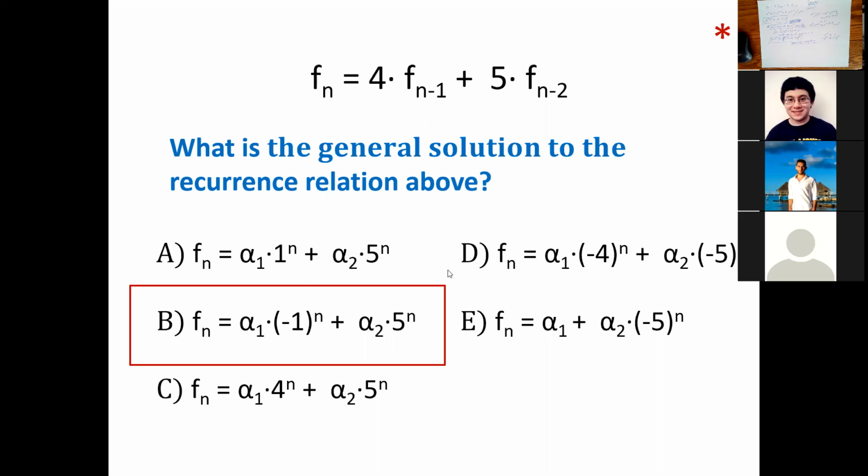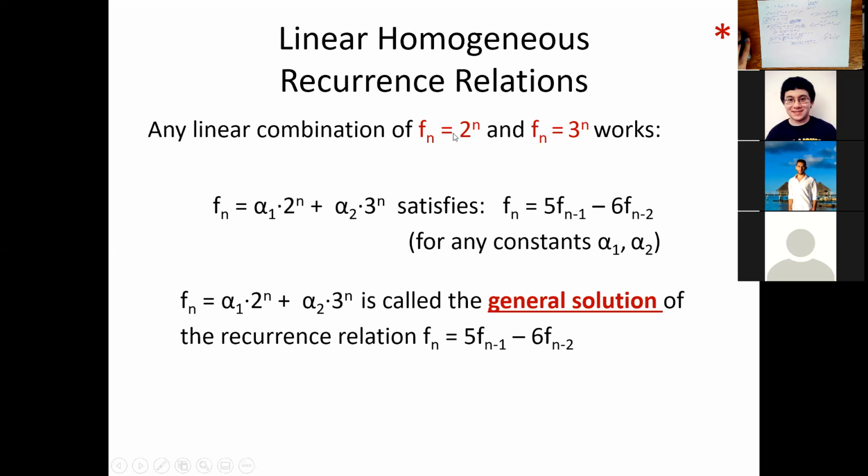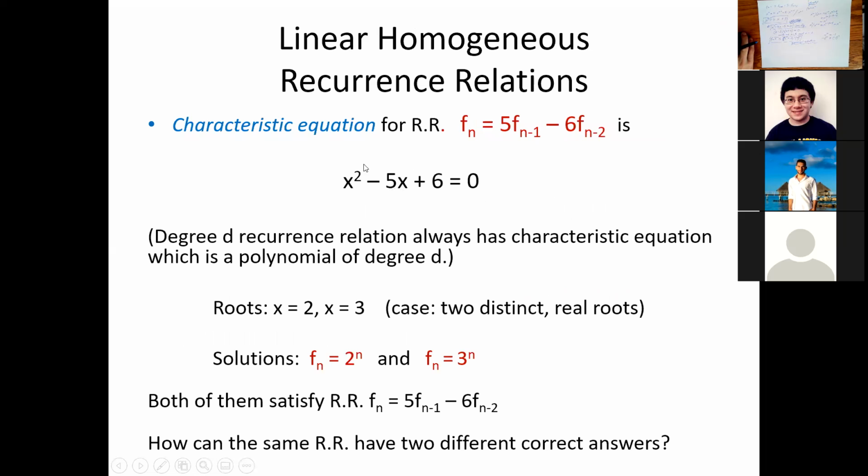By the way, I didn't quite tell you what happens when I chose my examples in such a way that the recurrence relation leads to a quadratic equation that happens to have two distinct roots. That's not always the case.